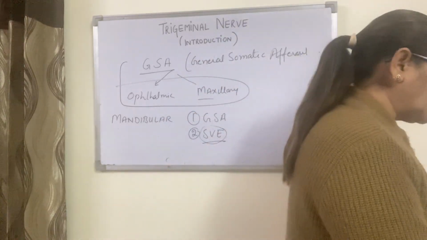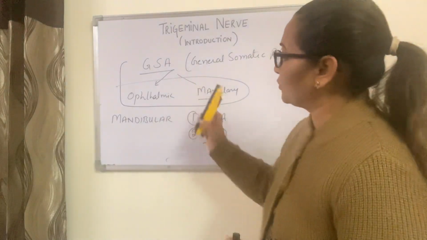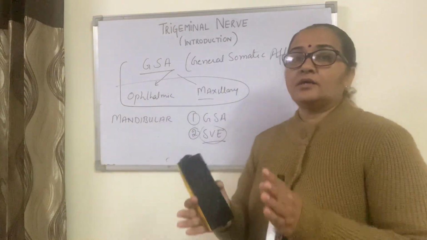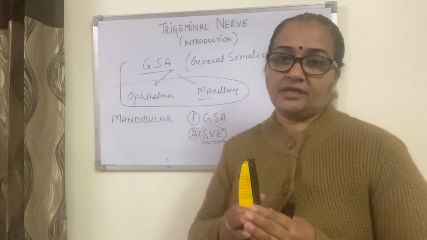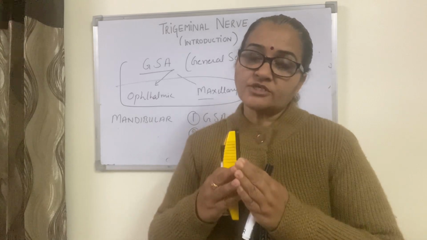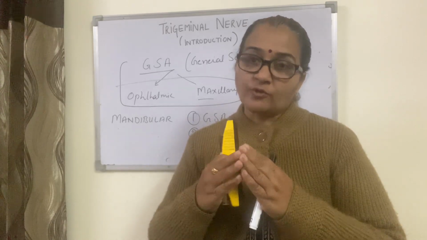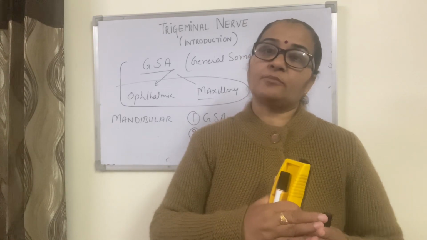Now coming to the next portion related with this nerve. As I have told you about the nuclei and the functional component, how does this nerve leave the brain? This nerve leaves the brain from the ventrolateral aspect of the pons, at the point where the pons is related with the middle cerebellar peduncle.